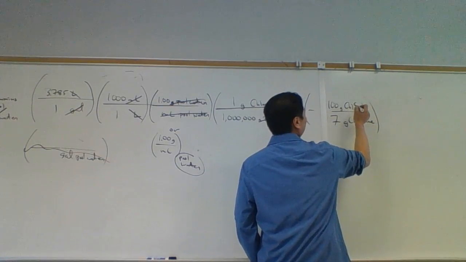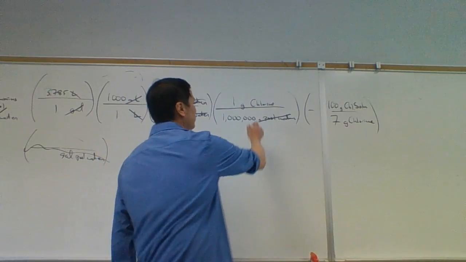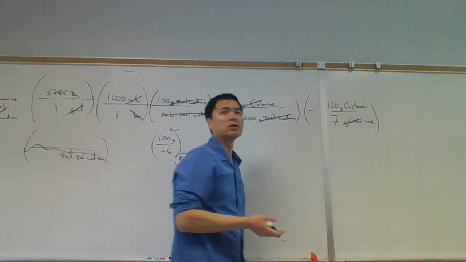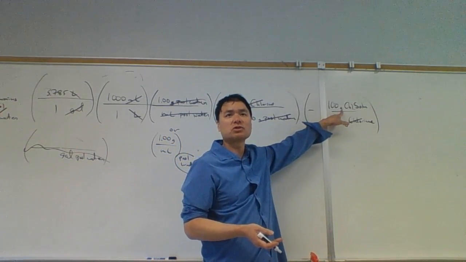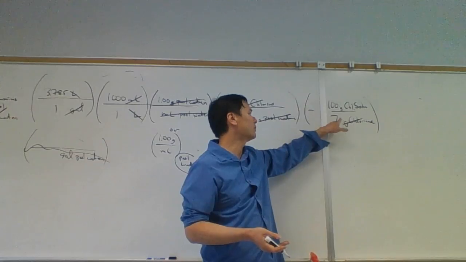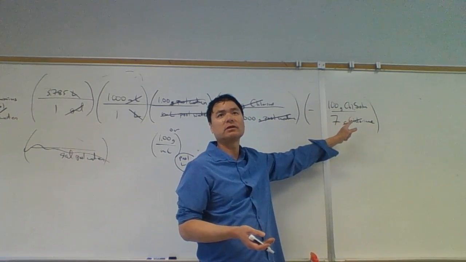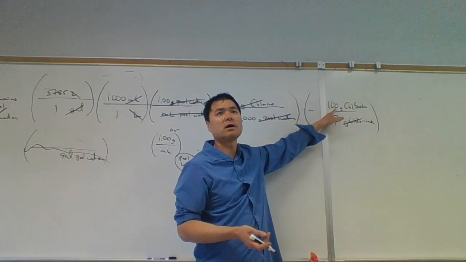This is abbreviated. And so grams of pure chlorine cancel out and leave us with grams of this mixture. There's 7 grams of pure chlorine in 100 grams of this mixture. That means there's 93 grams probably of water or something else in this. Does that make sense? This is the composition of the mixture.